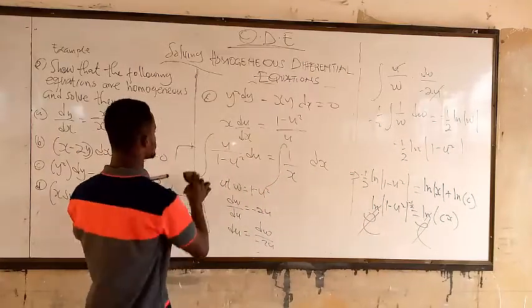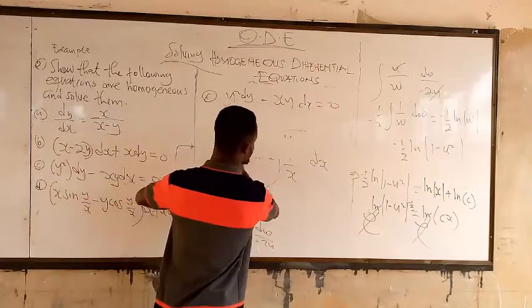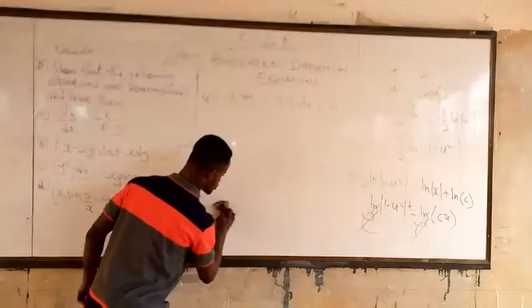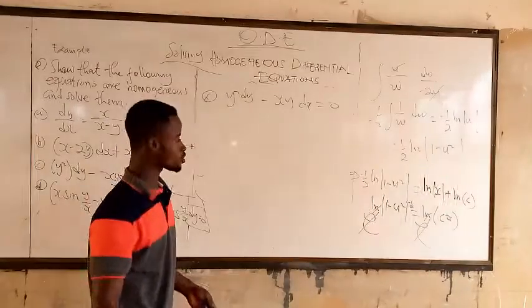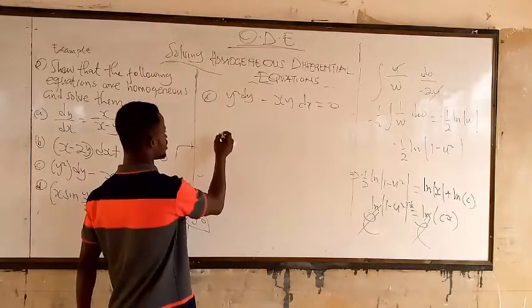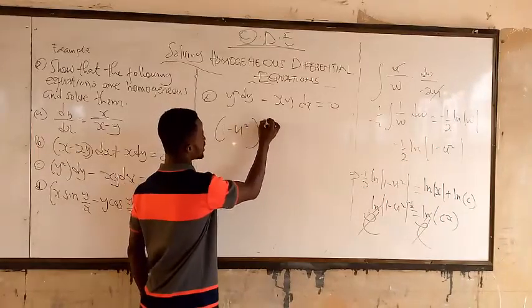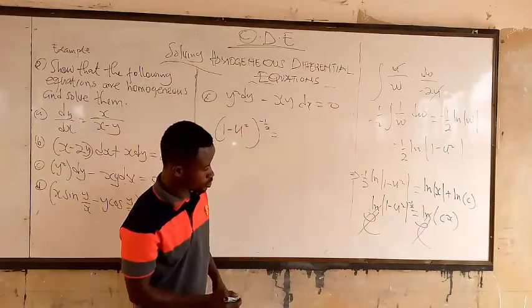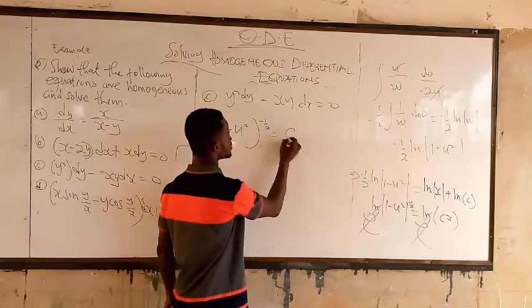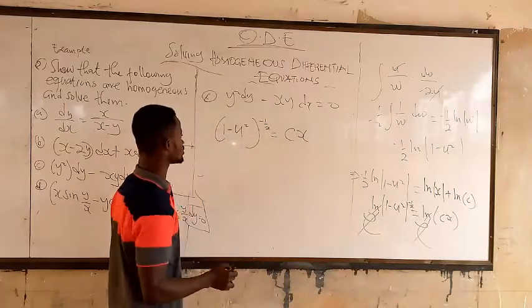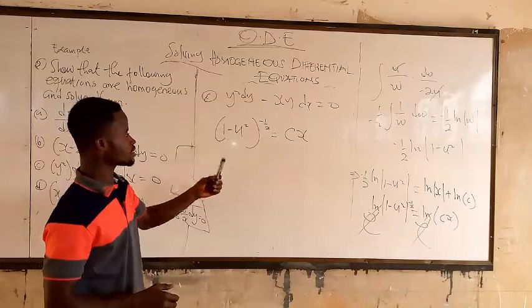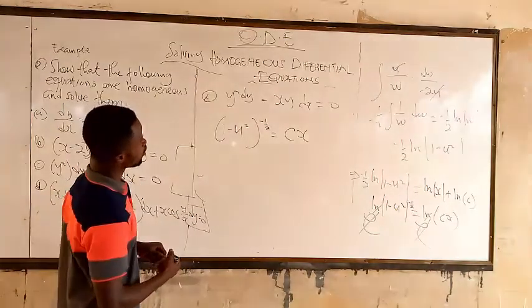Very good. Very soon we will conclude it. So now we are going to have 1 minus u squared to the negative half is equal to cx. Alright. So that is the final answer for our question.